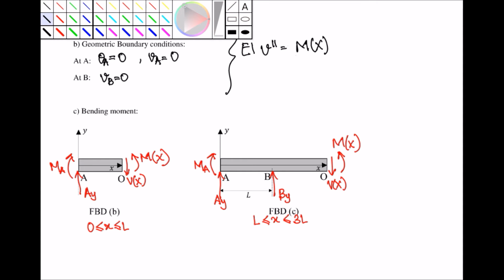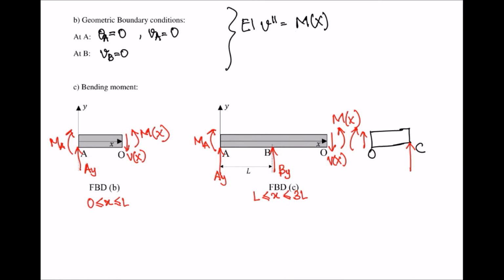By observation, the evaluation of the internal bending moment for part C is going to be a lot easier if we consider the right hand side of the beam. So for this part, we have an applied load P, the shear force V of x, and the same bending moment M of x.